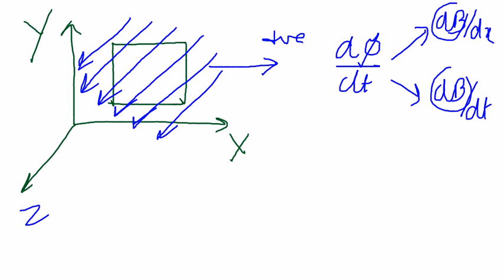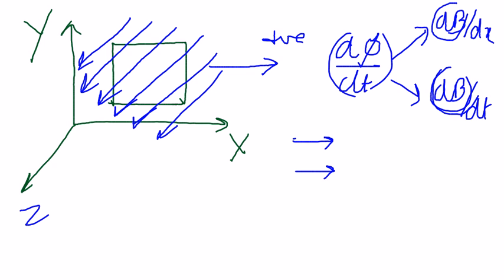Since the magnetic field decreases in the positive x direction and the magnetic field decreases with time, the flux lines will decrease in time through the loop.